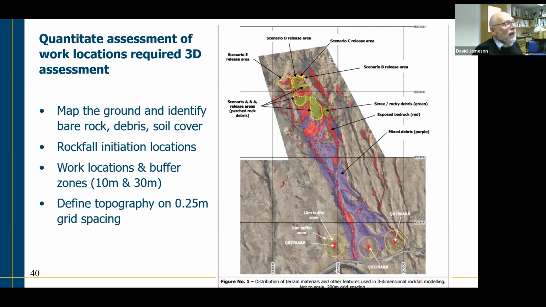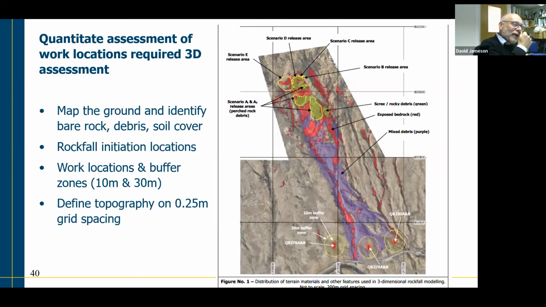And also we identified areas where you might have release of blocks from failure from undermining, from stream flow, from already piled up materials, or from the head wall itself at the top of the slope that might give primary rockfall incidents.